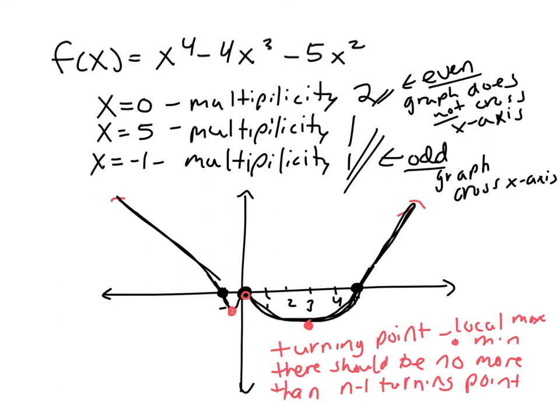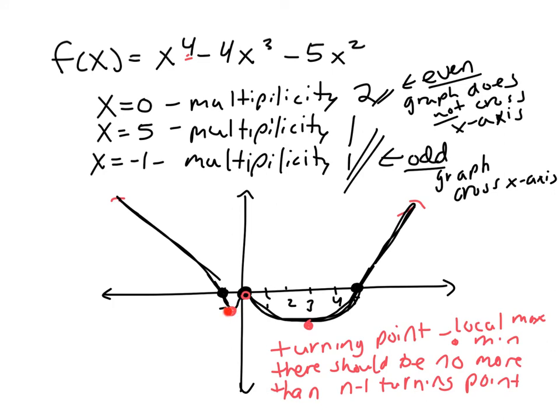In this case, n equals 4, since this is a 4th degree polynomial. So I should have no more than 3 turning points. You see I have marked my turning points in red, and I have exactly 3. So I know I'm on the right track here.